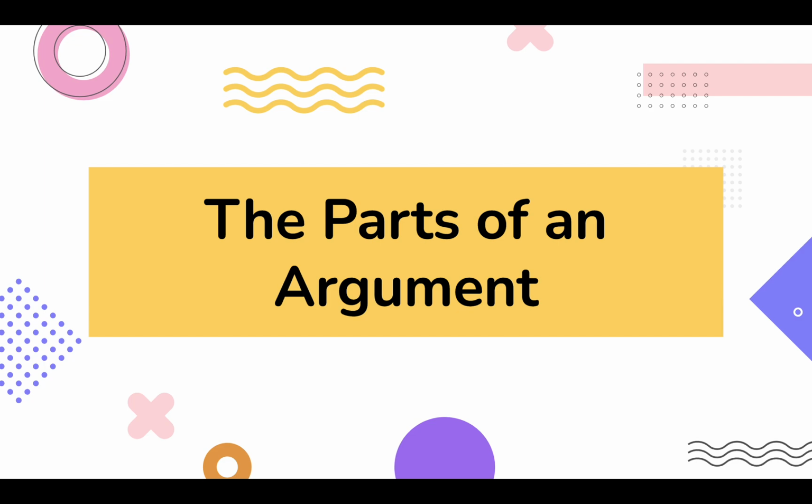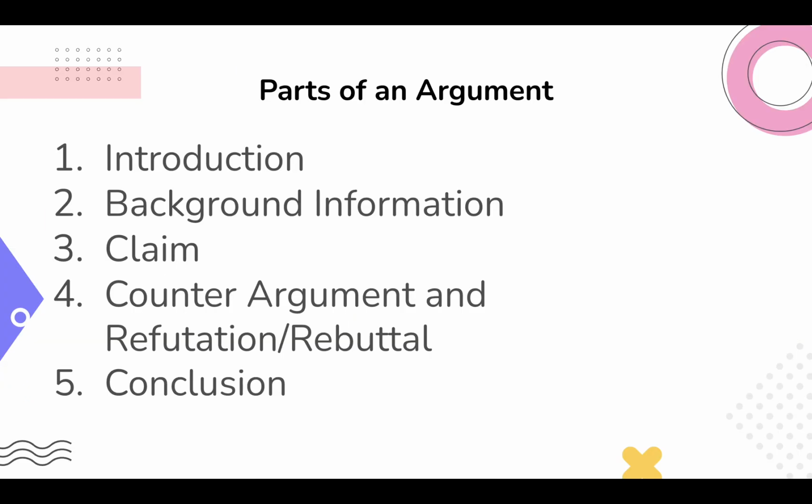So let's take a closer look at what these pieces are. The first thing that you're going to see in most arguments, and specifically in most of the articles and the sources that we read, there's going to be an introduction, followed by background information, a claim, then a counter argument, and a refutation or rebuttal, and then lastly, a conclusion.